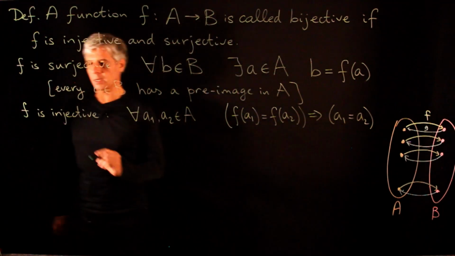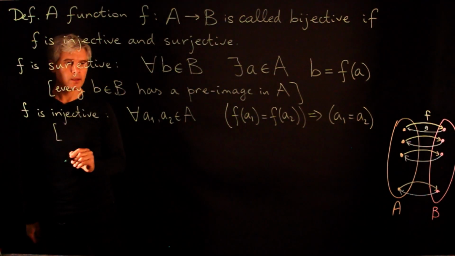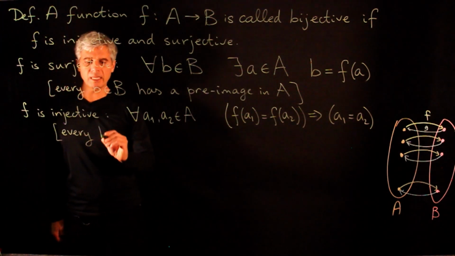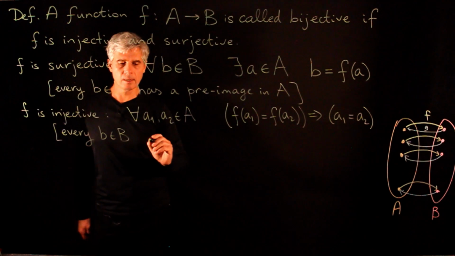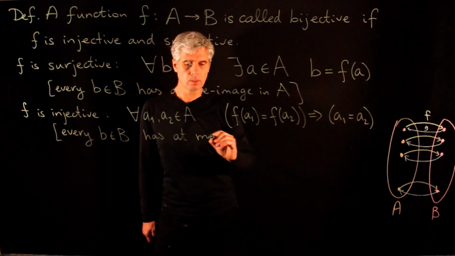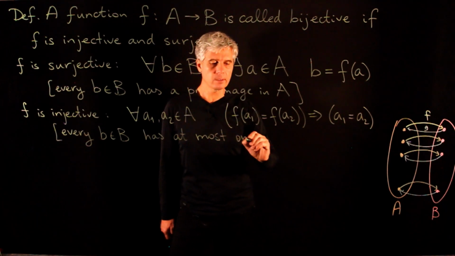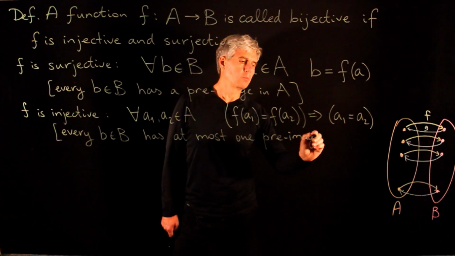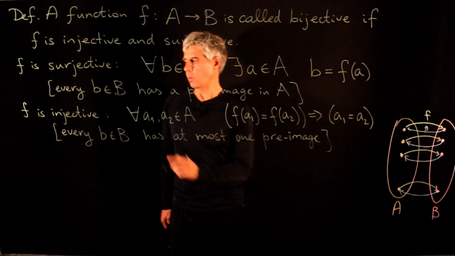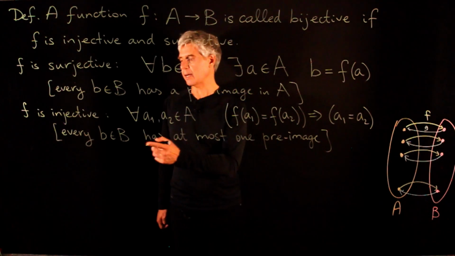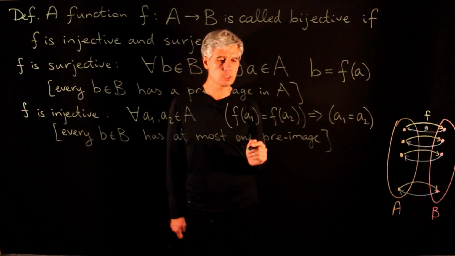Now, this can be expressed in the following way, that every b in B has at most one pre-image. So meaning 1 or 0. And indeed, why can't b have two pre-images?